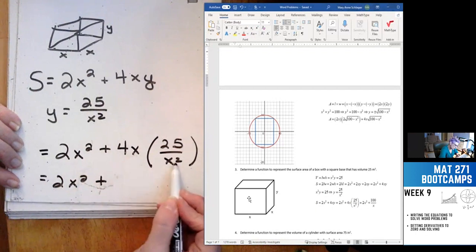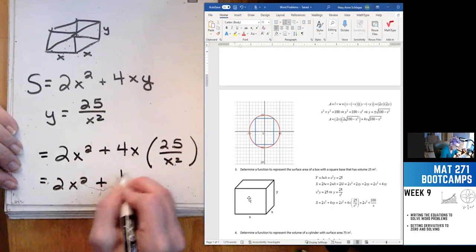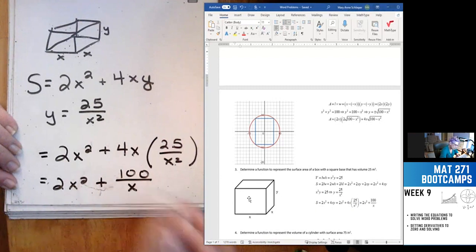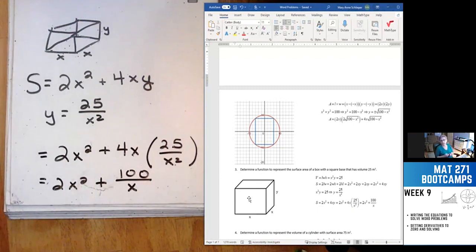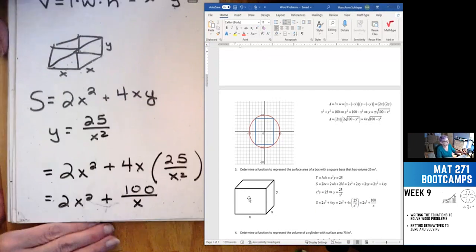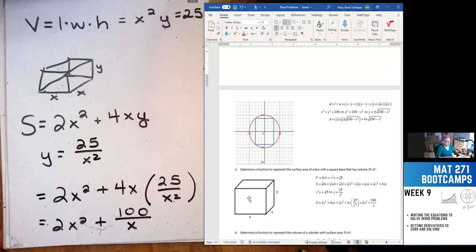I have an X on top, I have 2 X's on the bottom, so I'm left with just 100 over X. Easy peasy. Again, stop me when you have a question.